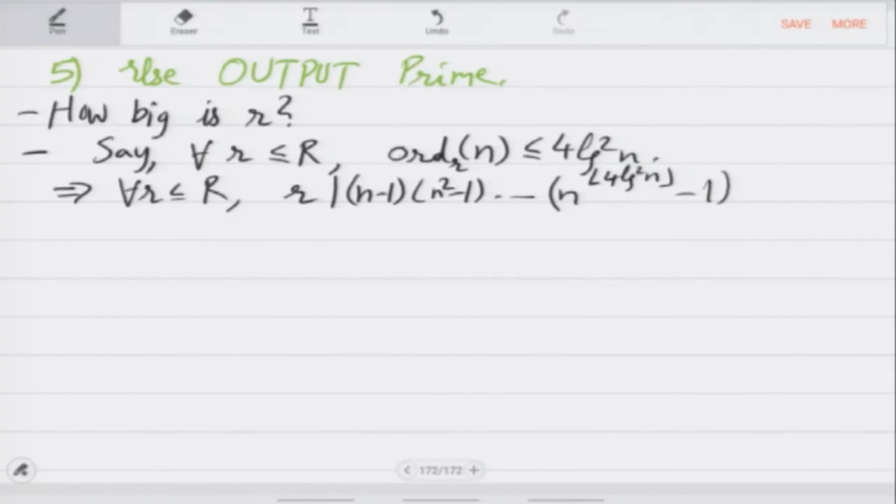So for all the r's up to big R, there is this divisibility condition. Let us call this product pi. So this means that the LCM of all the numbers 1 to R divides pi.